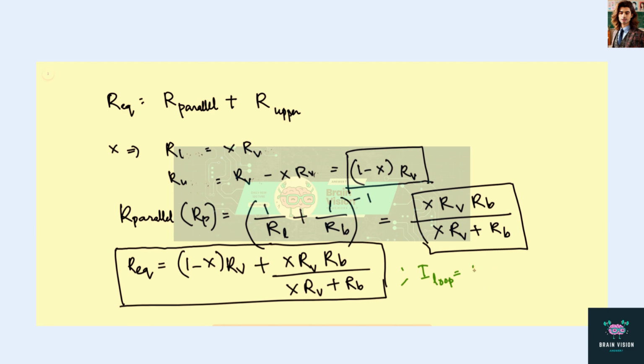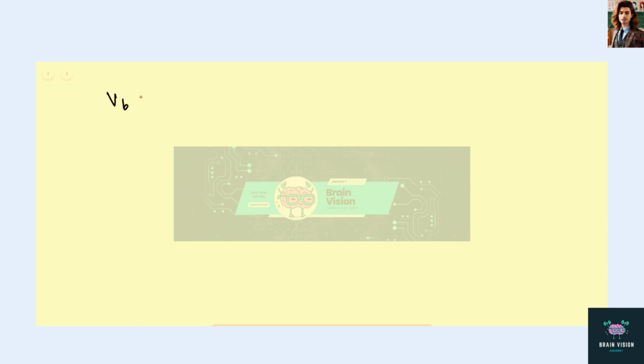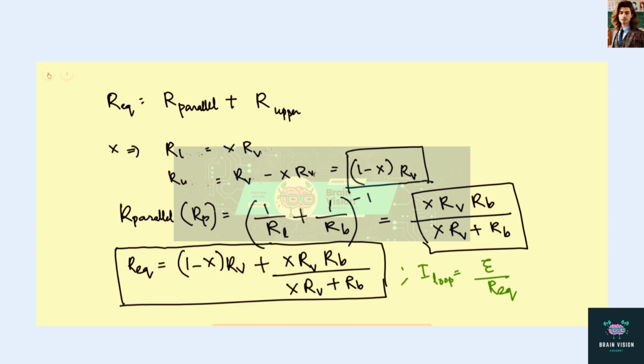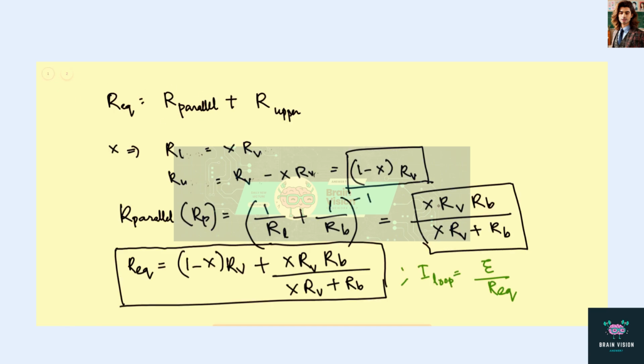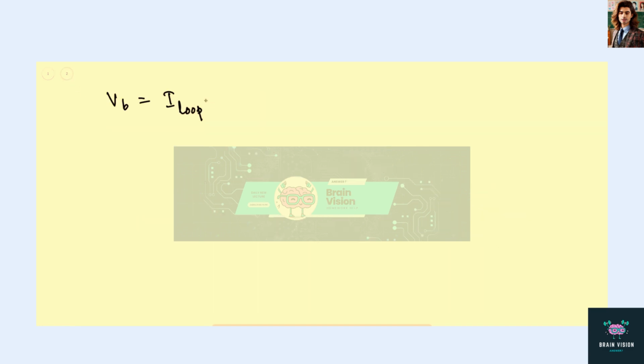So I loop will be the EMF over the equivalent resistance, which means that the voltage of the bulb, so the bulb and the lower portion of the potentiometer must have the same voltage because they are in parallel, can be written as the current through the loop times the equivalent resistance of this parallel combination. So we write that as I_P R_P.